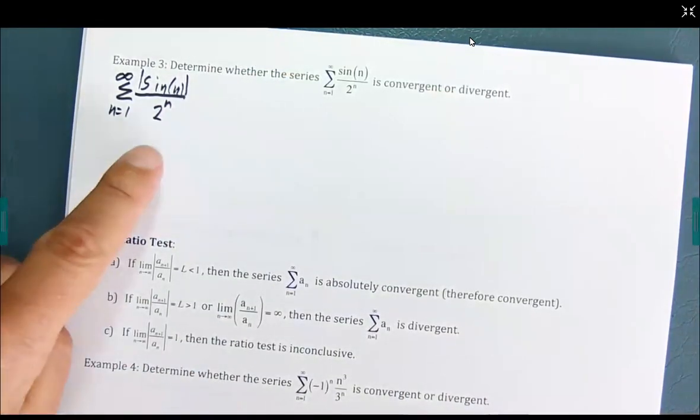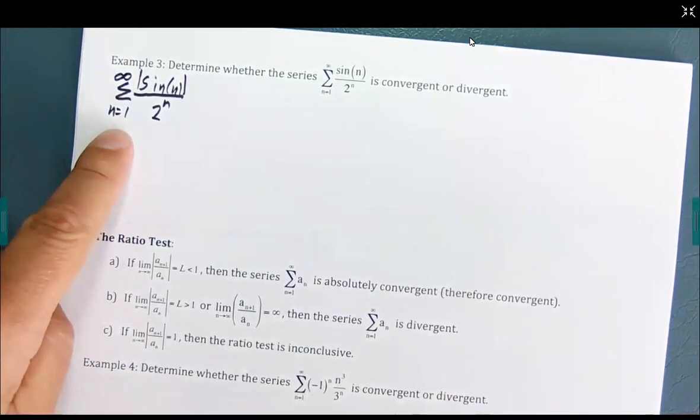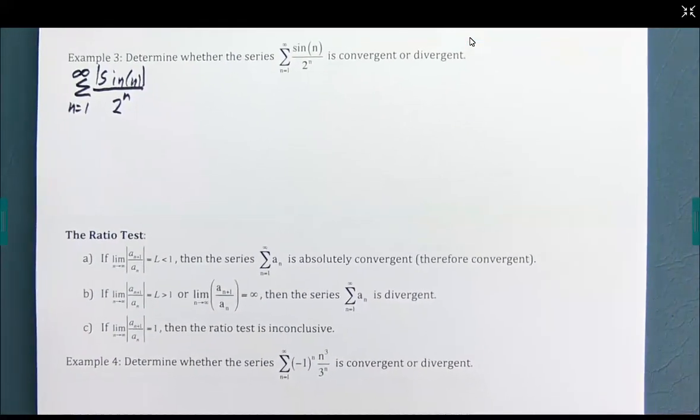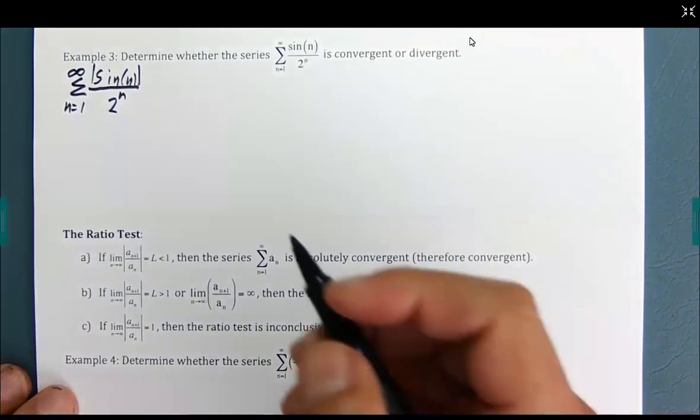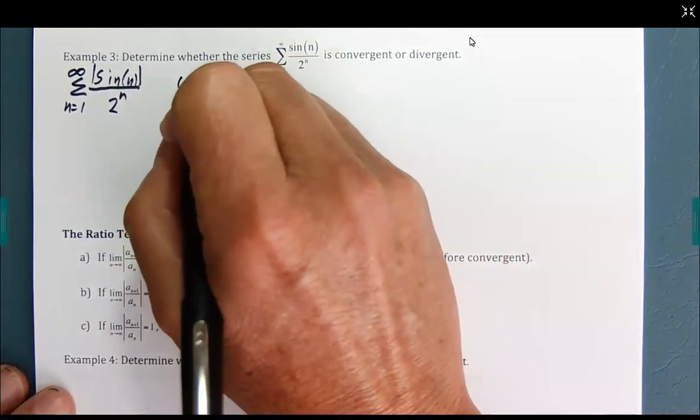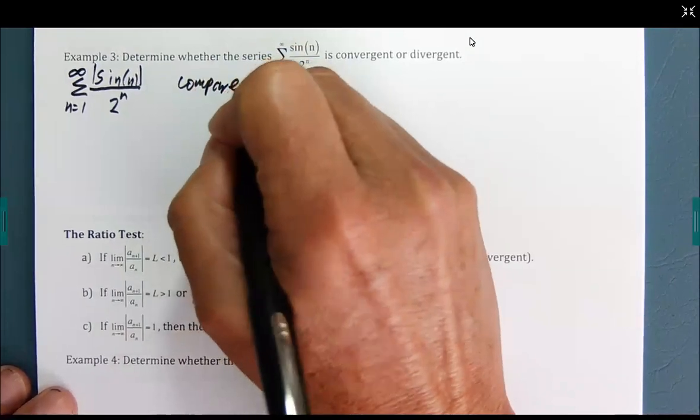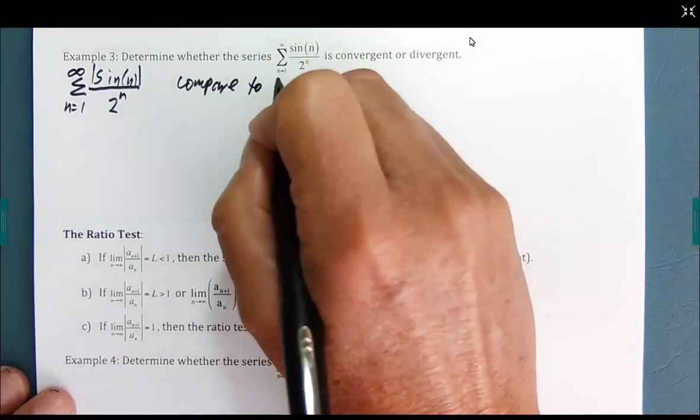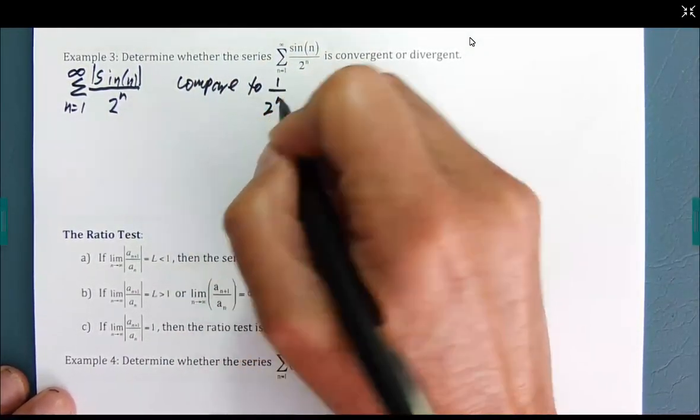And that denominator is always going to be positive when n is bigger than 1. So I'm going to compare this. One over 2 to the n.